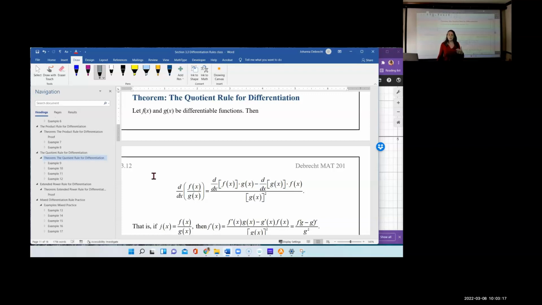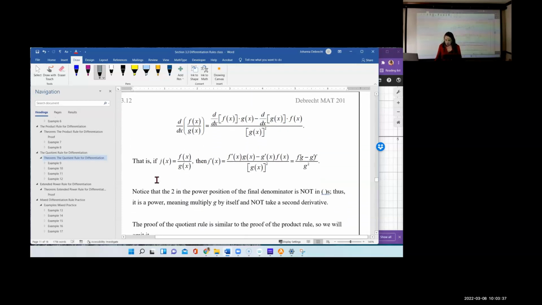So I learned it as the bottom times the derivative of the top minus the top times the derivative of the bottom over the bottom squared. That's what I memorized, and it stuck with me. Bottom times the derivative of the top minus the top times the derivative of the bottom over the bottom squared.